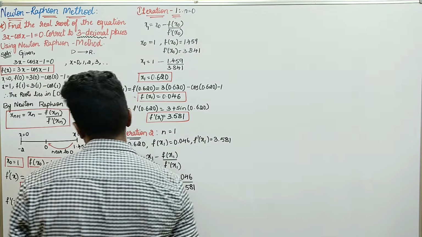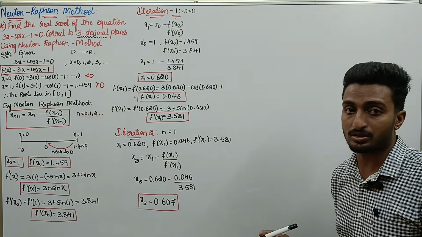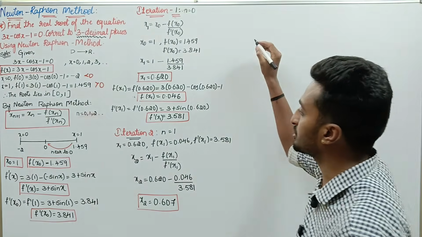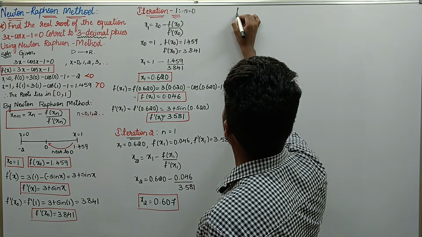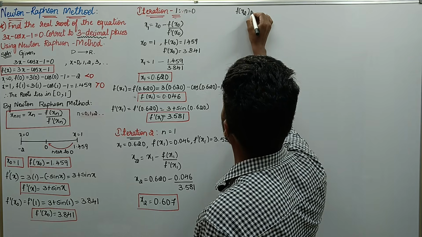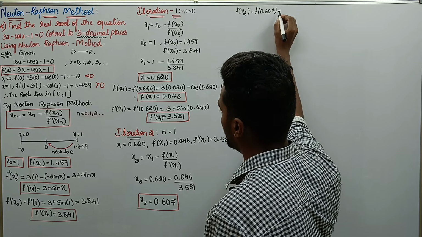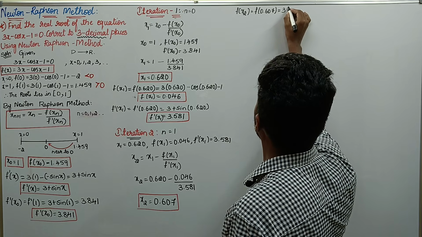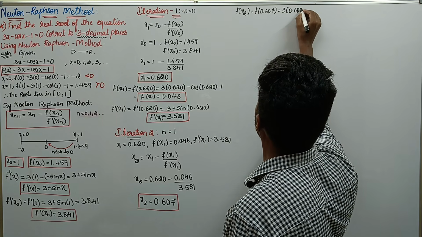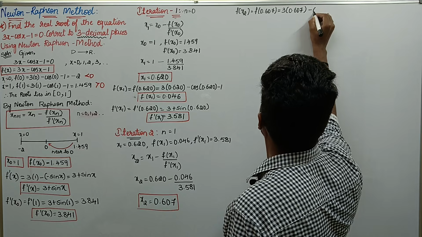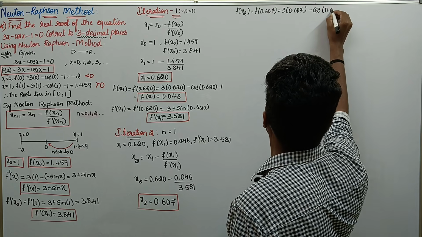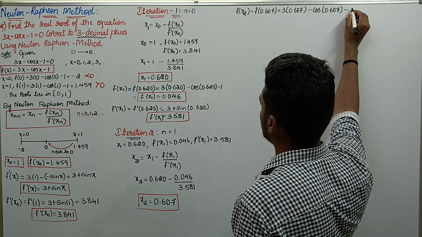You got the value x2, 0.607. Now considering x2 equal to 0.607, represent f of x2. Similar pattern. To find f of x2, that is 0.607, which is equal to 3 into 0.607 minus cos 0.607 minus 1.